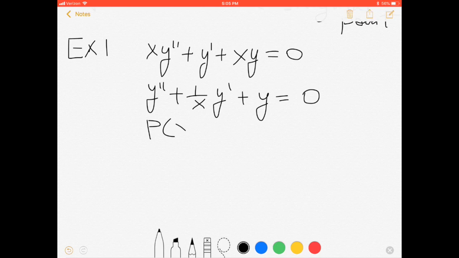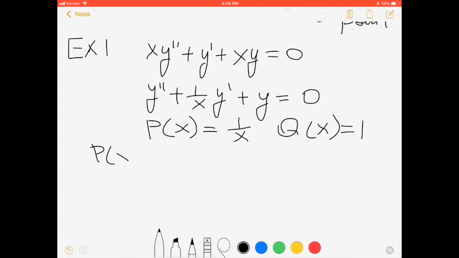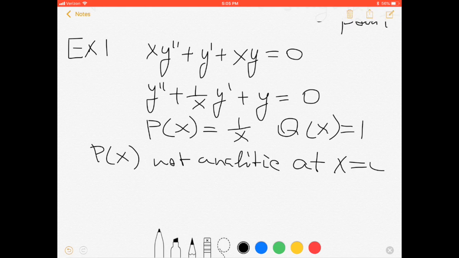Here p(x) is the function 1 over x and q(x) is the function 1. Function p(x) is not analytic at x equals 0. This means x equals 0 is a singular point of our equation.